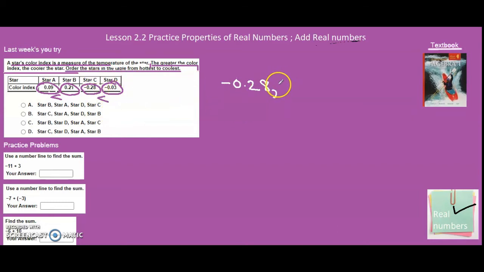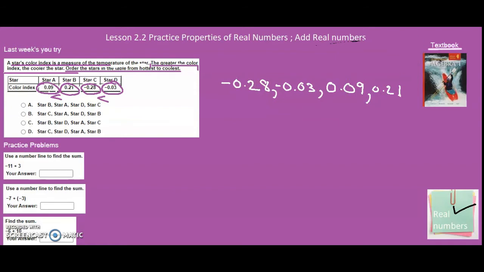Let me write that below as well. Then we have these two positive numbers, and we know that 0.21 is greater, so 0.09 is less, and we will put that after negative 0.03. So 0.09, comma, and in the end, which is the coolest star of all of them, is 0.21.